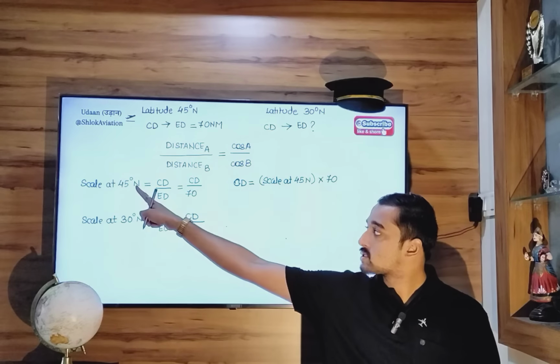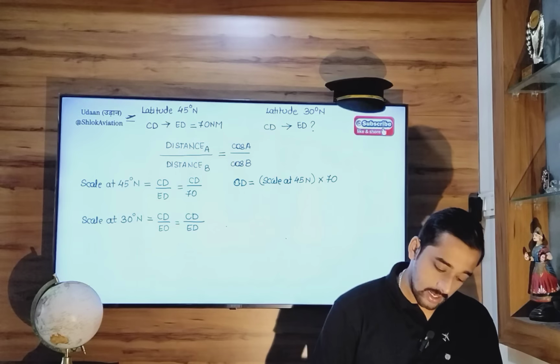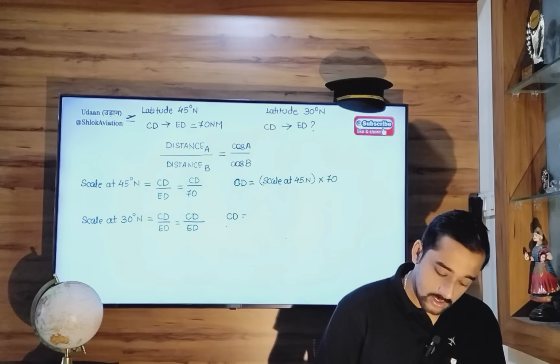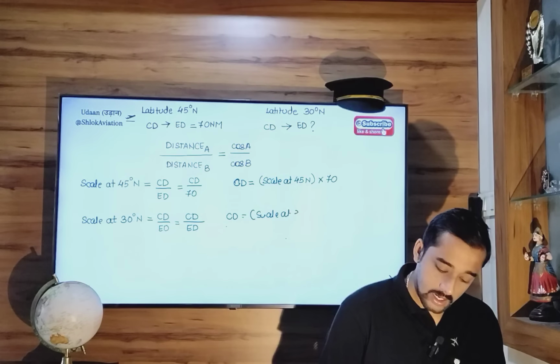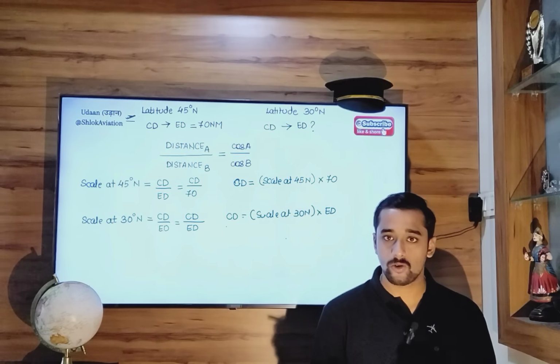Similarly here, chart distance equals scale at 30° north multiplied by some earth distance which we have to find out.